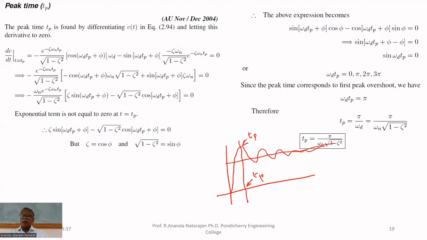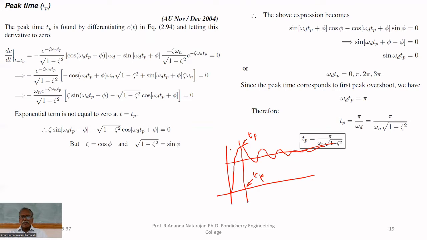To find a peak, what is the slope at this point? What is the slope at TP? Slope means tangent at that point.